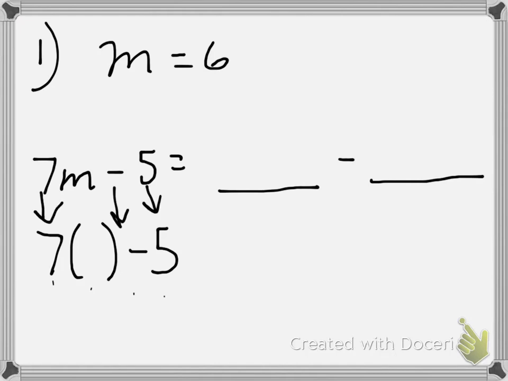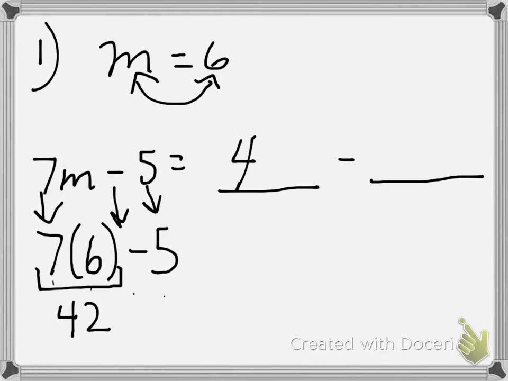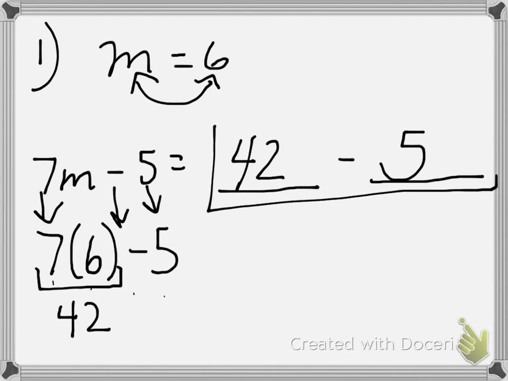And then we take 6, which is the same as m, and write it in there. So 6 times 7, a number touching a number in parentheses, means it's multiplication. So 6 times 7 is 42. So our first space will have a 42, and the second space will be 5. So 42 minus 5.